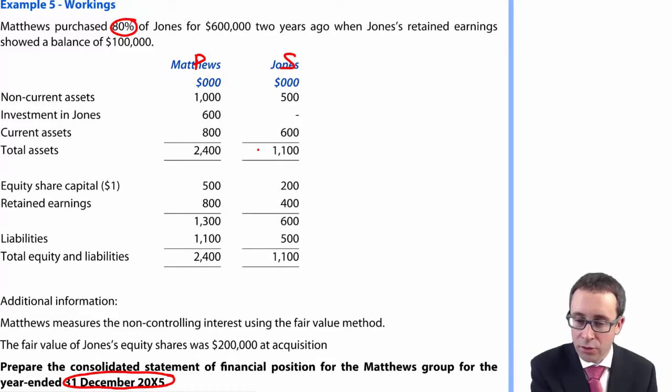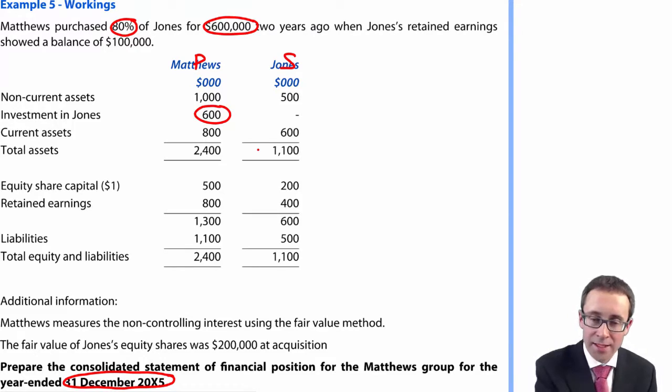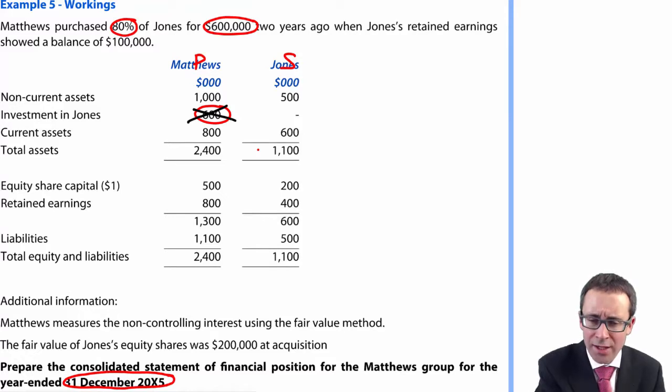We paid, was it 600,000 2 years ago, and you can see that investment is reflected there, isn't it, within the SFP of Matthews. So when we consolidate, we will be ignoring that, won't we? Okay, that there's nothing left. It tells us there Jones's retained earnings at that date showed a balance of 100,000.